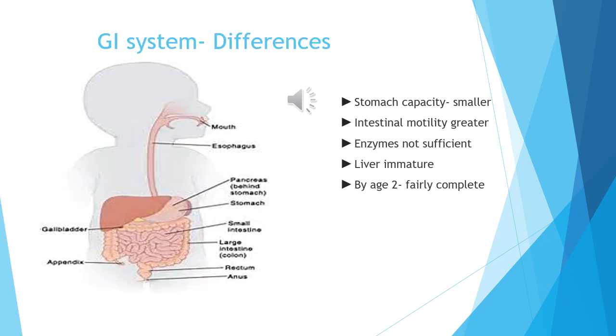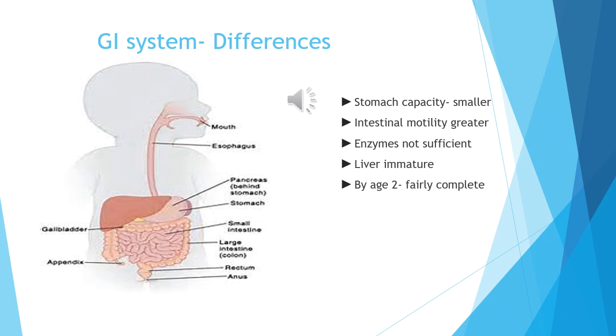The GI system functions the same across the lifespan. This system is responsible for nutritional intake, breaking down food, absorbing nutrients, and excreting waste products from the food. When we look at the pediatric digestive system, we notice that the stomach is much smaller.